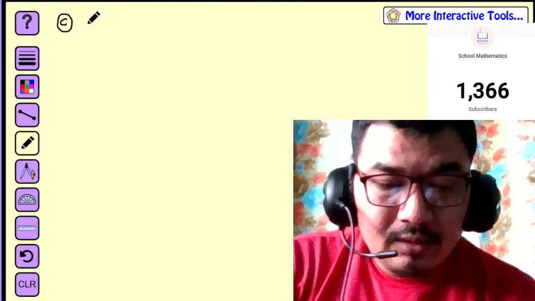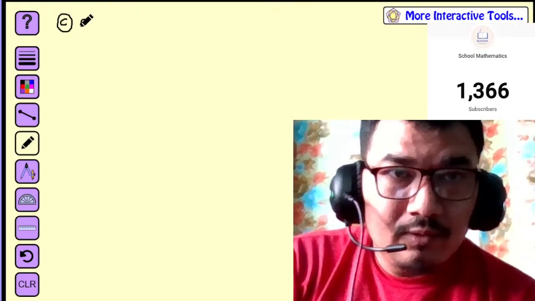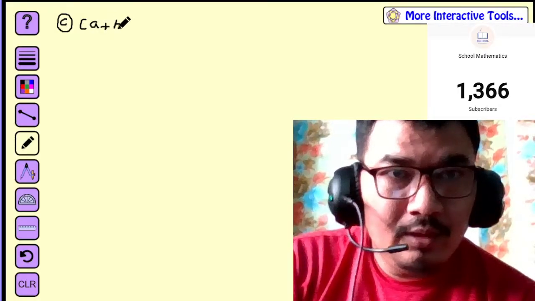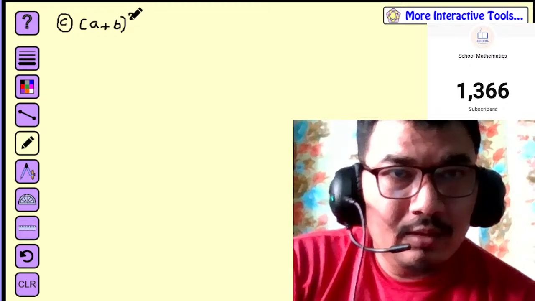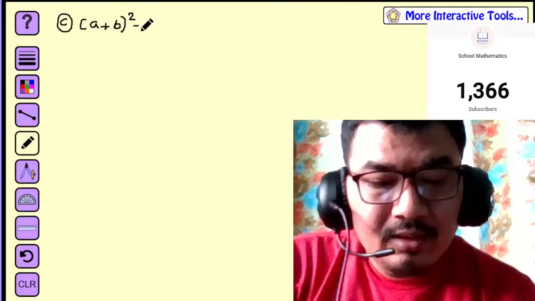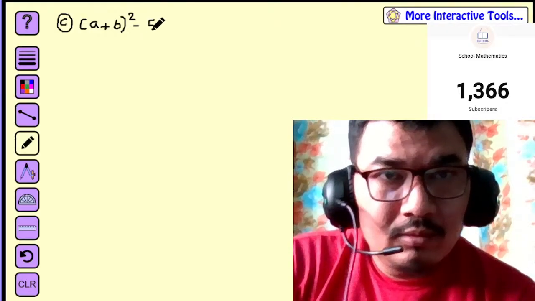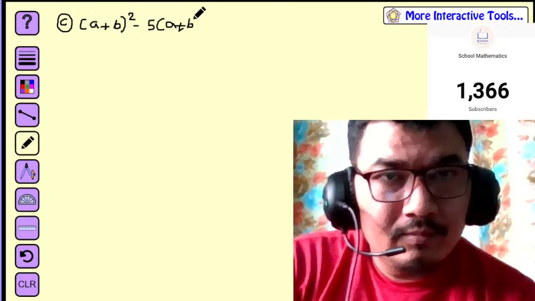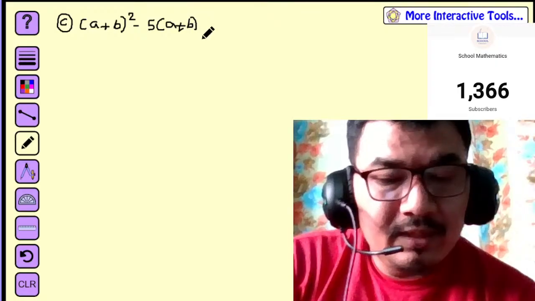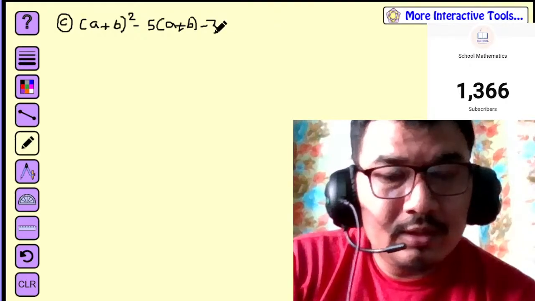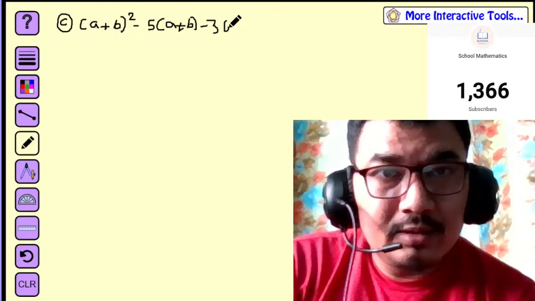Here is given (a plus b) whole square, minus 5 into (a plus b), and minus 36. That is, (a plus b) whole square minus 5(a plus b) minus 36.